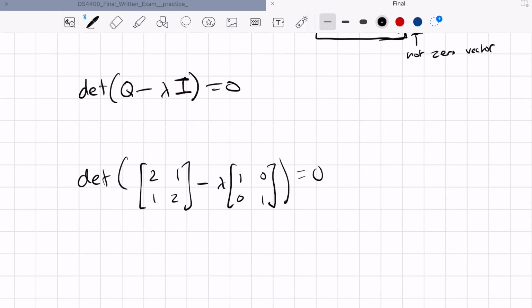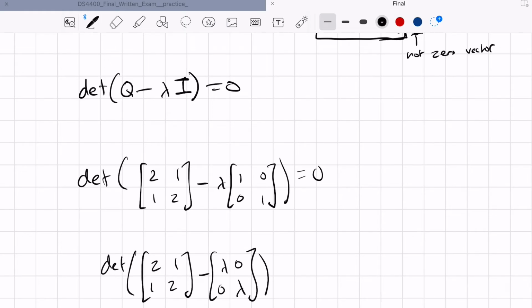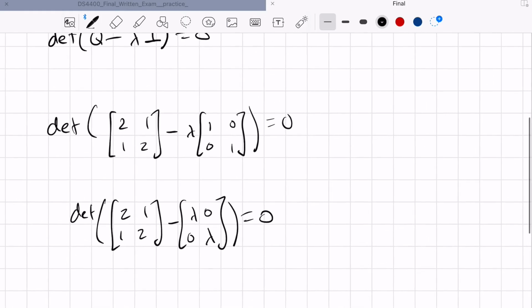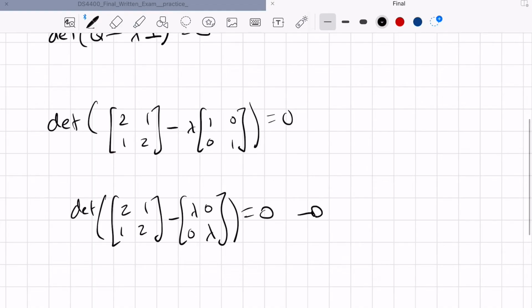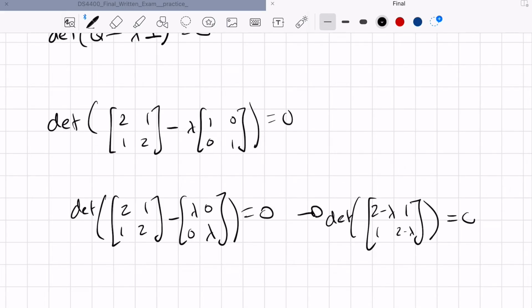If I simplify this even more, we have the determinant of [2, 1; 1, 2] minus [lambda, 0; 0, lambda] is equal to 0, which turns into the determinant of [2 minus lambda, 1; 1, 2 minus lambda] is equal to 0.